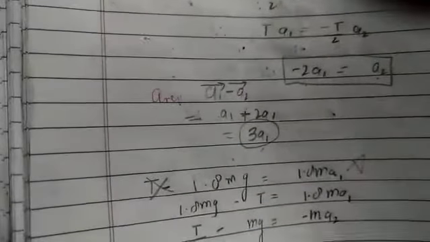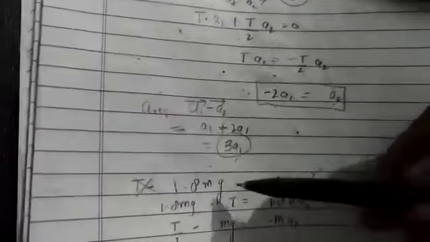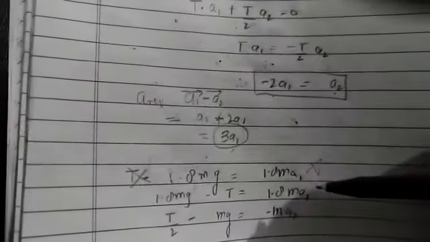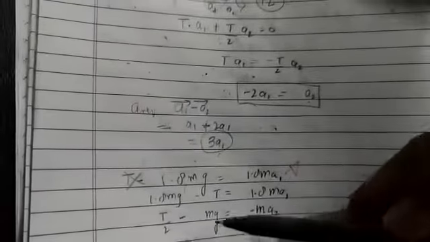But let's say if I want to do the opposite thing, I just think that the sphere might be coming downwards, so my relation will come out to be 1.8 mg minus T is equal to 1.8 ma1. If it is coming downwards and this is going upwards, then its acceleration will be given by T upon 2 minus mg is equal to minus ma2, because I had taken a2 initially to be upwards, but now I'm thinking it is downwards.